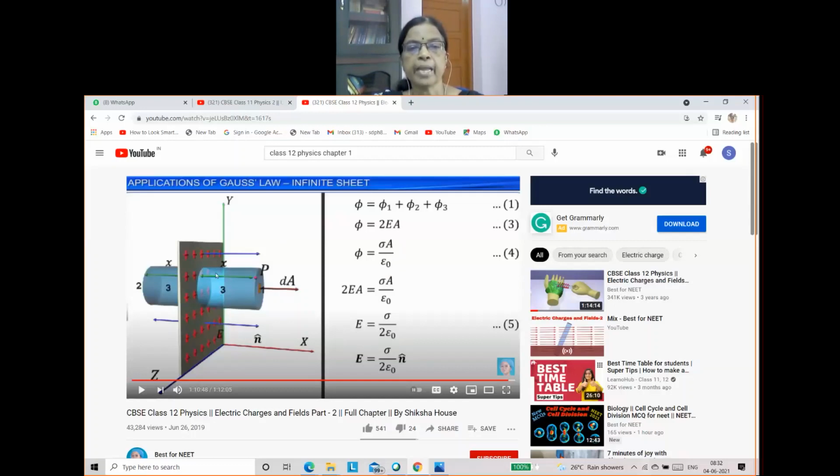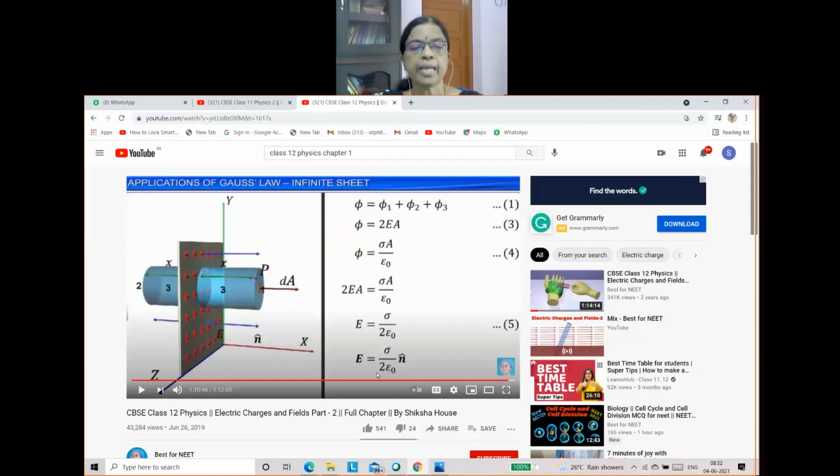This much charge only is enclosed by the area, so charge enclosed is sigma A, flux is sigma A by epsilon 0. Flux is also equal to 2 into E into A. So we can equate them. 2 into E into A equal to sigma A by epsilon 0. Therefore, E equal to sigma, and A is cancelled, sigma by 2 epsilon 0.